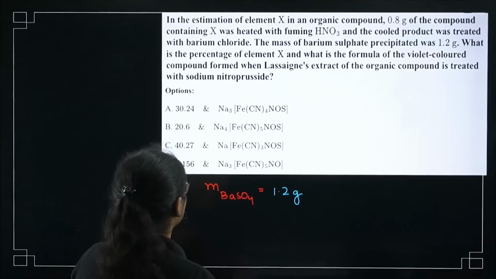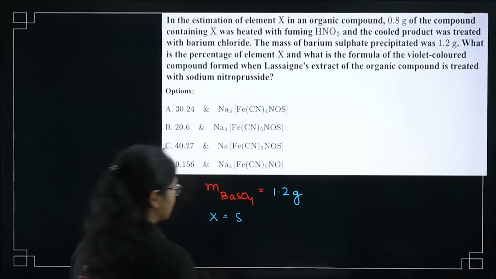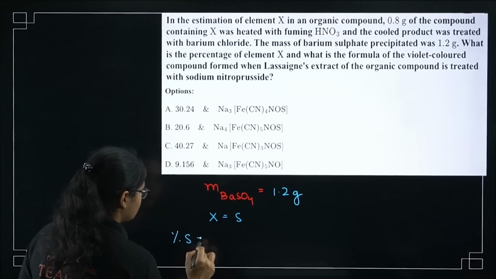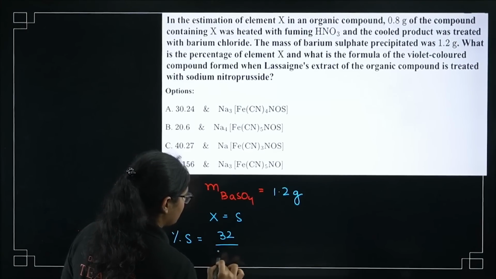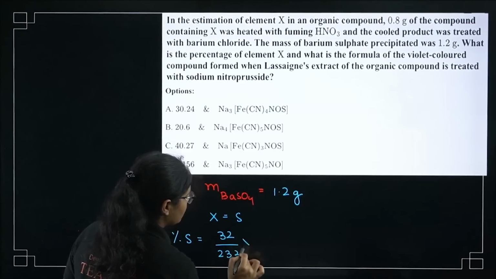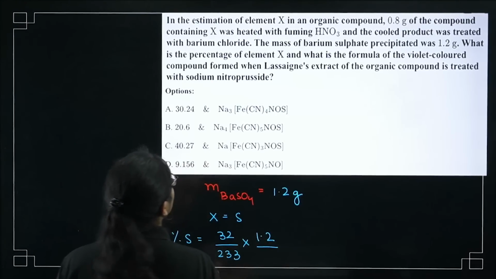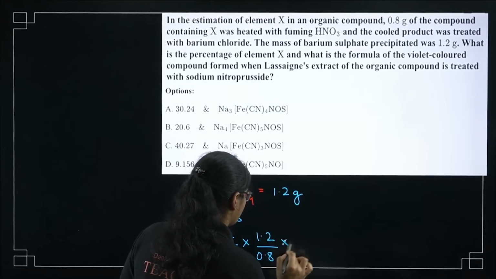So we have to find the element X. You can see from the question that the element X is nothing but sulfur, and if I want to find the percentage of sulfur, you know sulfur mass is 32 divided by 233, into the mass of barium sulfate produced divided by the total mass of the organic compound, that is 0.8, into 100.